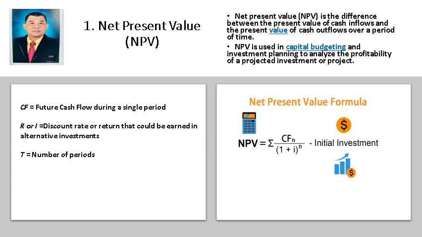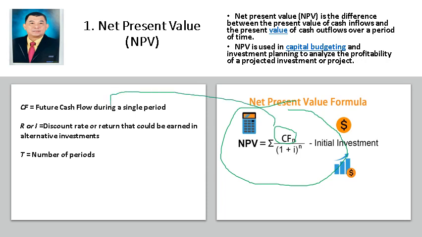So, the formula for net present value is the summation of the cash flow over the quantity 1 plus the discount rate raised to the number of periods. CF stands for future cash flow during a single period.